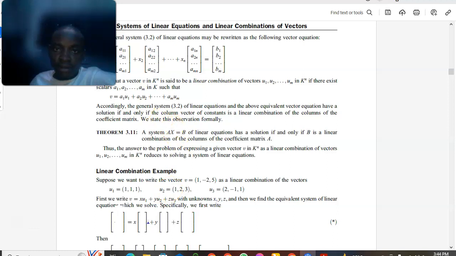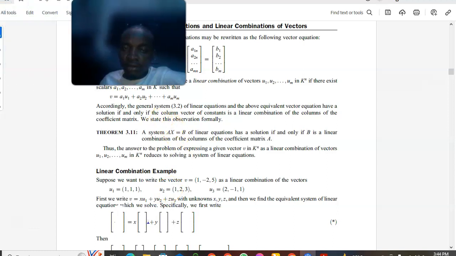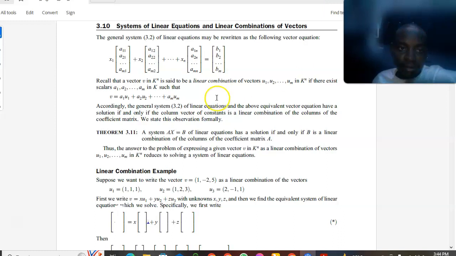I won't be taking much of our time, so we'll be looking into a course titled Linear Algebra, and specifically the course code is MTH 311 Linear Algebra.